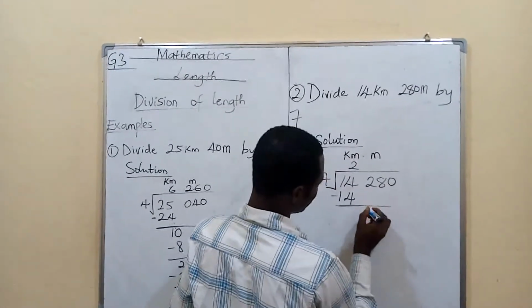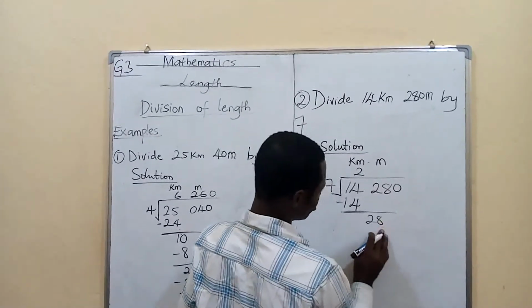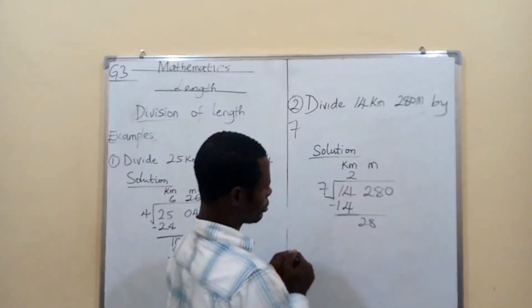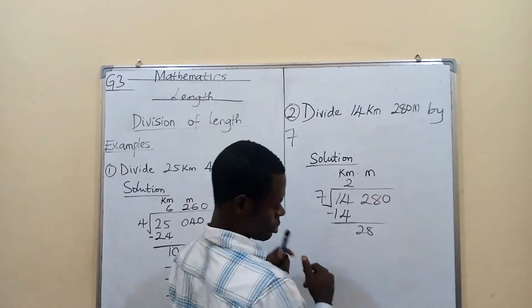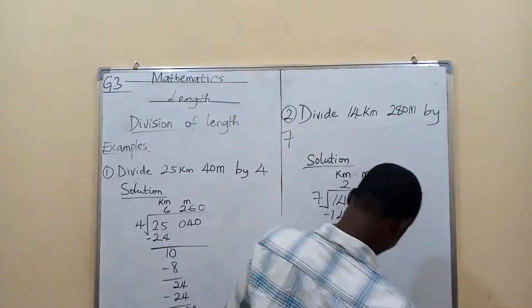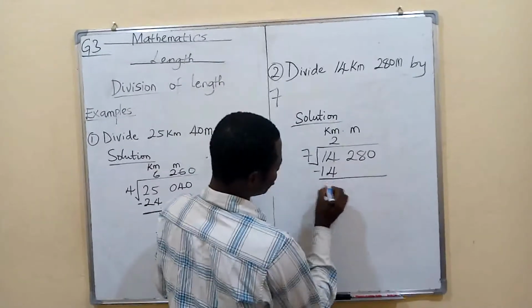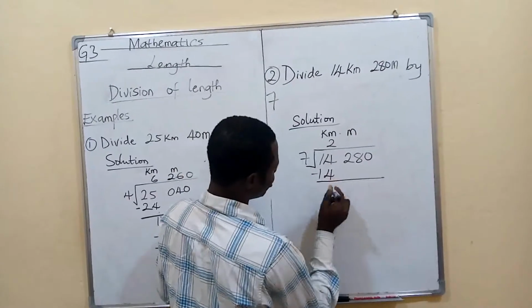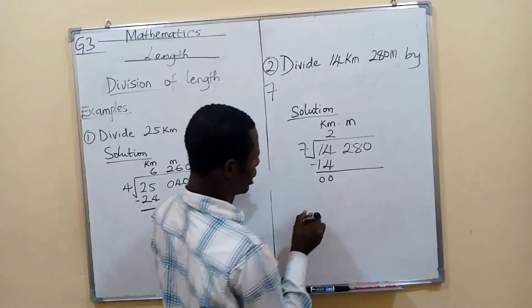The next thing, you bring down 28. Alright? Sorry, you bring down. Alright, sorry. 4 take away 4 is 0. And 1 take away 1 is 0. Alright?